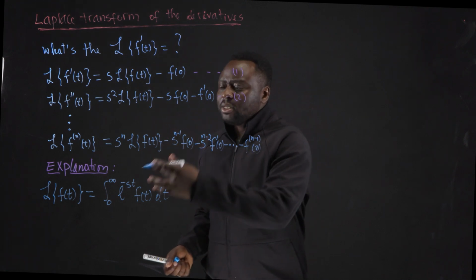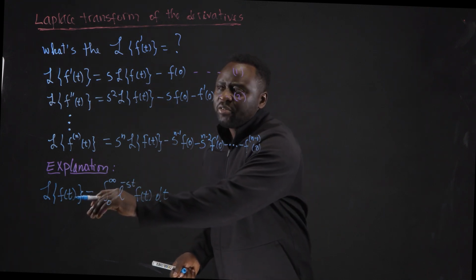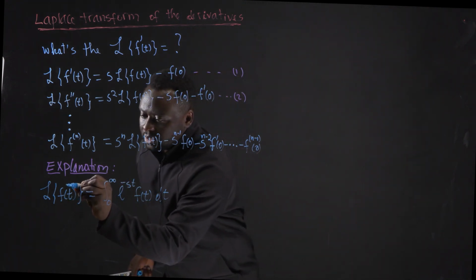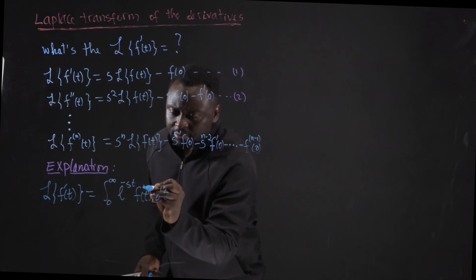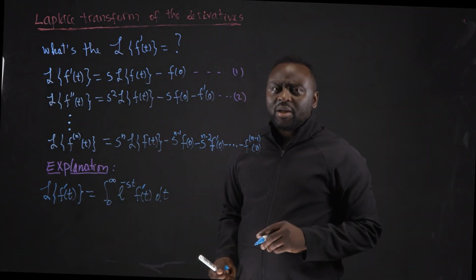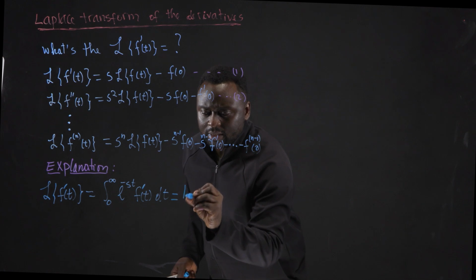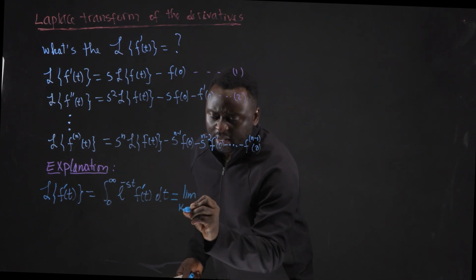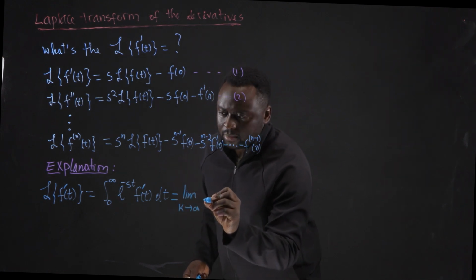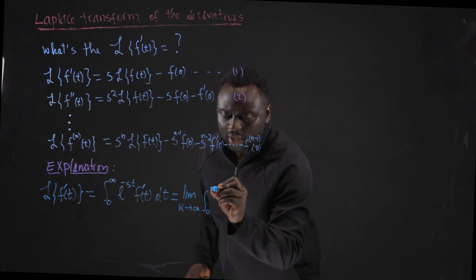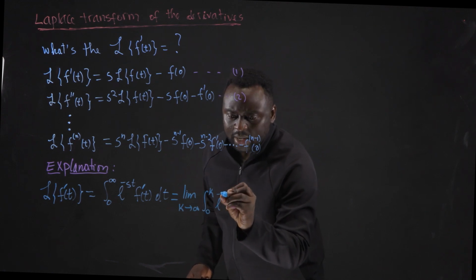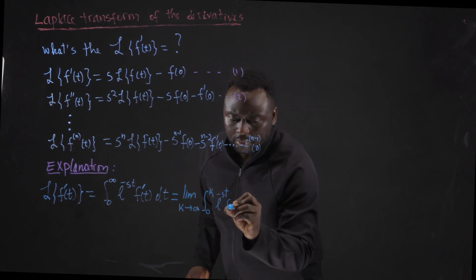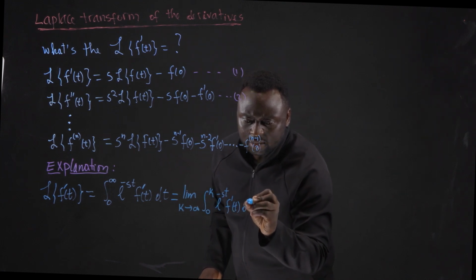Now instead of f of t, we have f prime of t. So this becomes f prime. As I said before, the normal way to write this is to introduce the limit as k tends to infinity of the integral from 0 to k of e to the power minus st f prime of t dt.